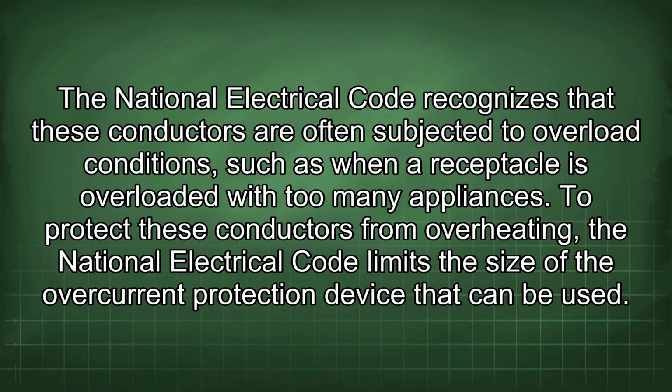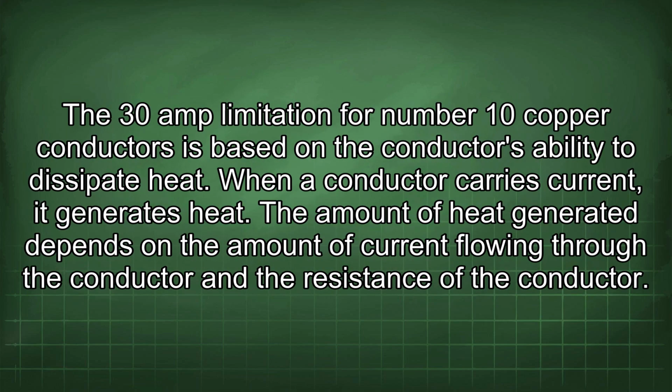The National Electrical Code recognizes that these conductors are often subjected to overload conditions, such as when a receptacle is overloaded with too many appliances. To protect these conductors from overheating, the National Electrical Code limits the size of the overcurrent protection device that can be used. The 30 amp limitation for number 10 copper conductors is based on the conductor's ability to dissipate heat.